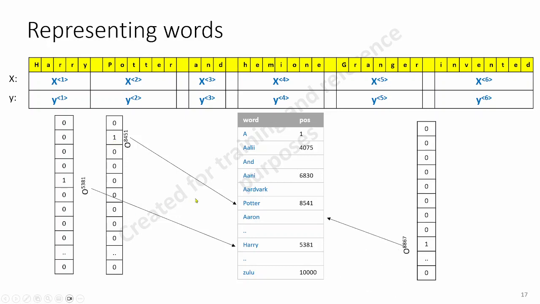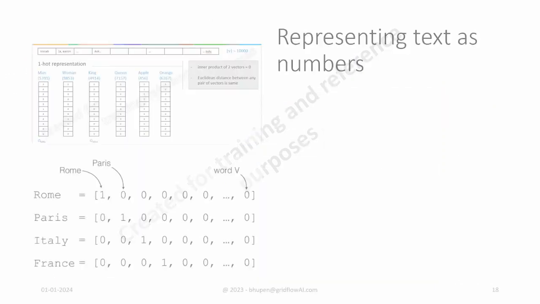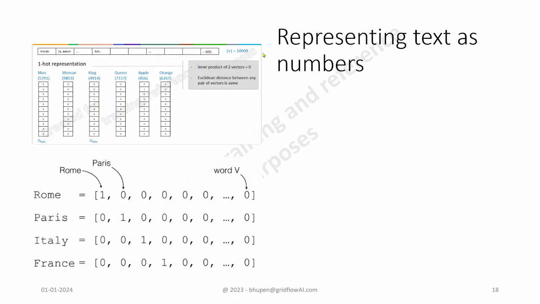So this is one of the methods that we use to numerically represent the text data, or the words or tokens. As we will see, there are some limitations of this one hot encoding, namely the product of any two vectors, let's say, man and woman or king, will result in zero.